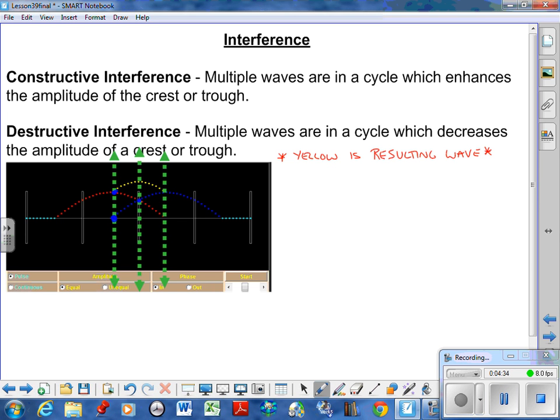Here, I would say they're both 0.75 plus 0.75, which gives you 1.5, which is why the yellow line's up there, and 0 and 1 is 1. So, first thing I want to note here is that the new wave has an amplitude equal to the sum of the interacting waves.